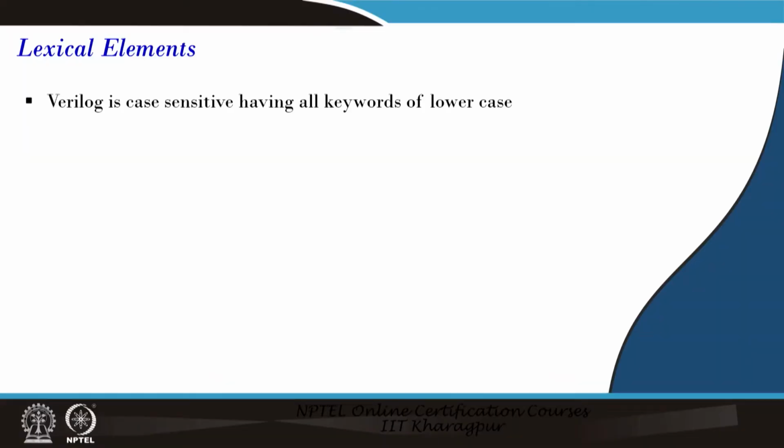First, Verilog is case sensitive, which means keywords are in lower case. Any white space you provide will be ignored. That means if you provide a space, tab, or even new lines, it will be ignored.